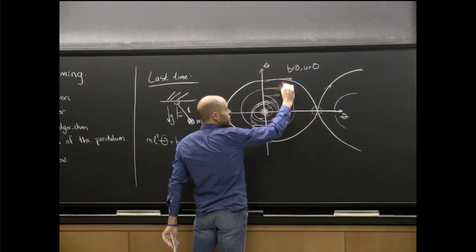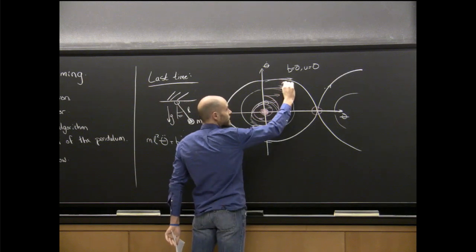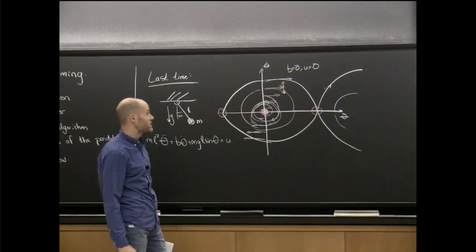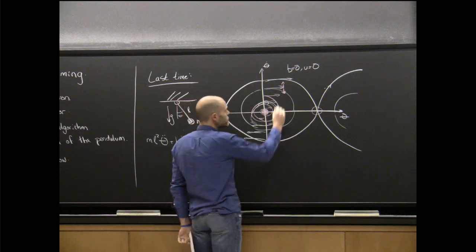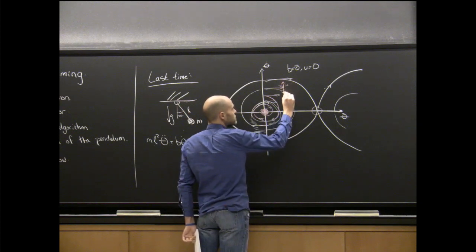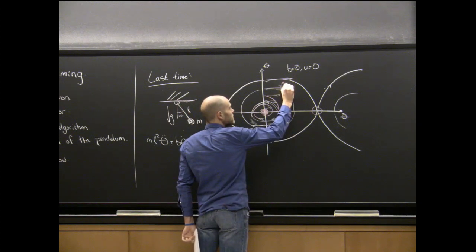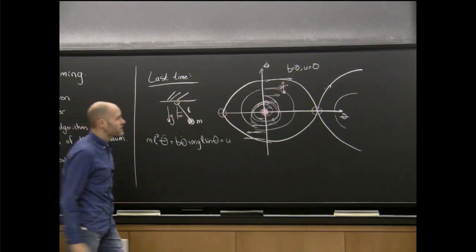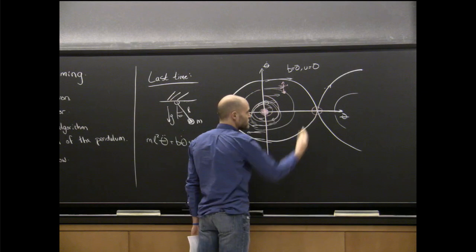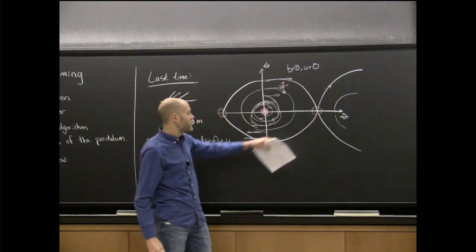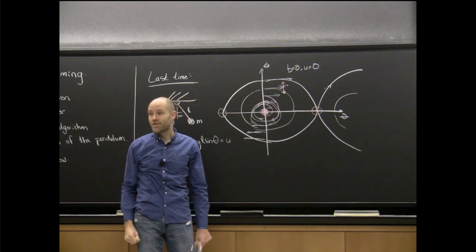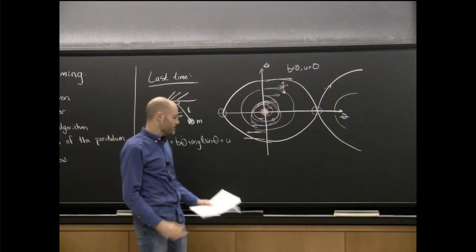The control input you have, your torque, affects accelerations, but takes time to affect velocities. So you get to do a little bit of work here by changing u, plus or minus u, moves that up or down. And the goal on the pendulum, the fun thing to do, is to take this unstable fixed point, which is the one at the top, and make it a stable fixed point. Okay?